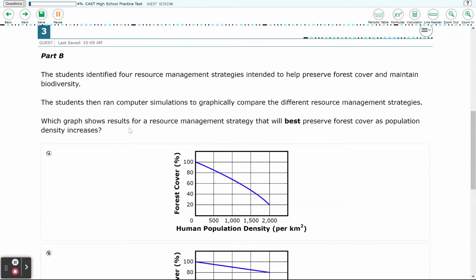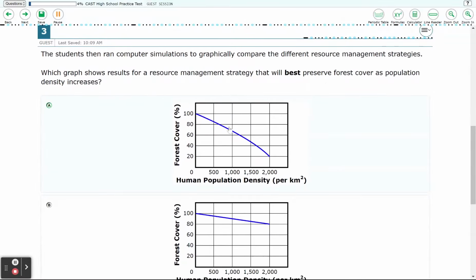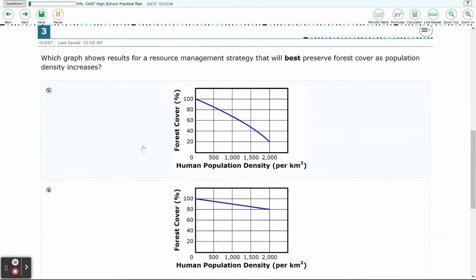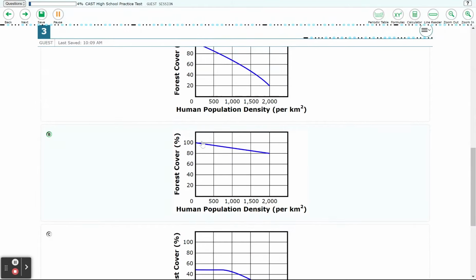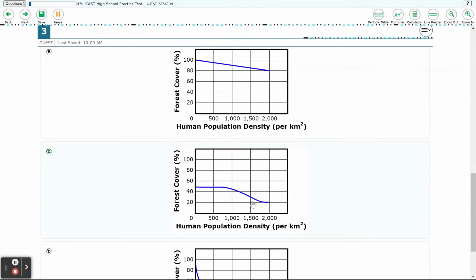Which graph shows results for a resource management strategy that will best preserve forest cover as population density increases? And you can see there are 4 graphs down here with different curves for how the forest cover responded to human population density.